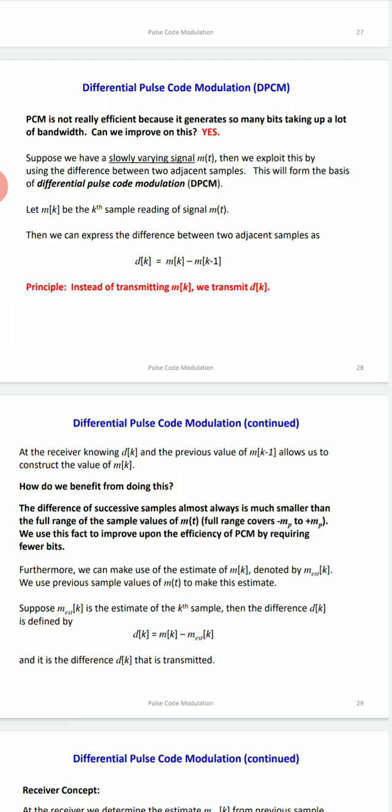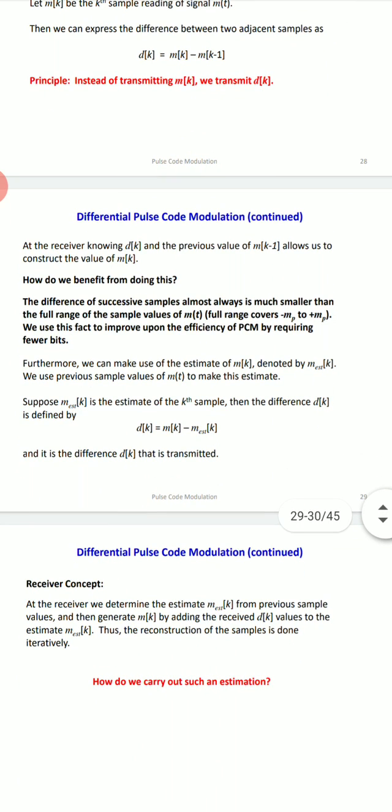At the receiver side, knowing d of k and the previous sample M of k minus 1 allows us to construct the value of M of k.